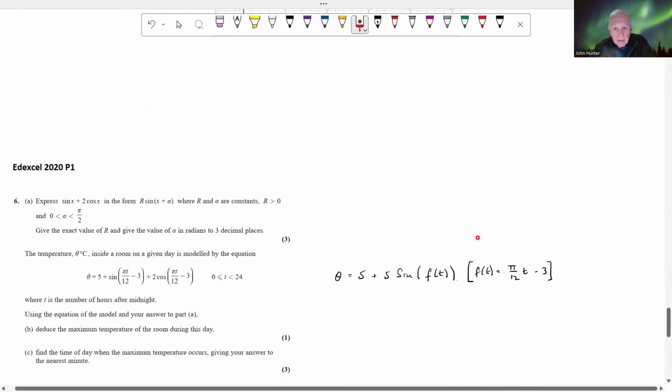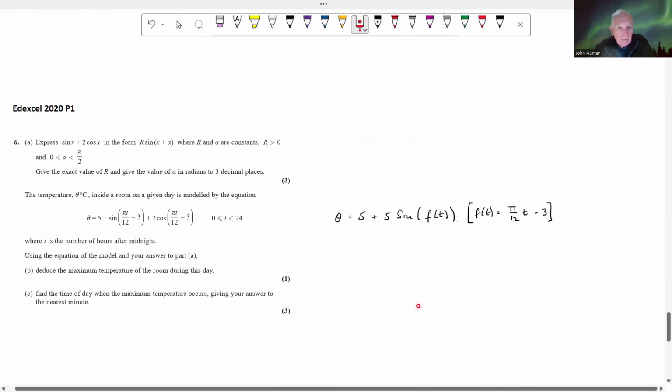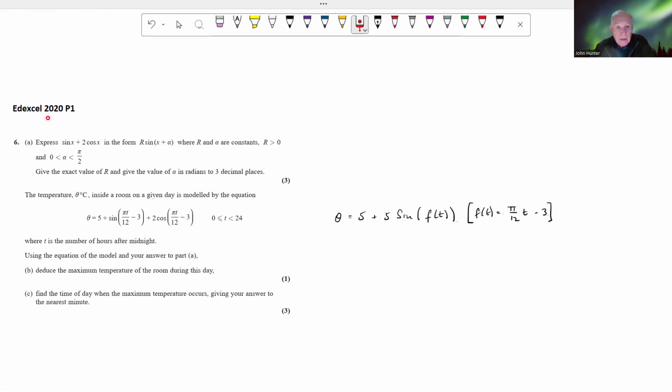Right, okay. So this is the original question from 2020 paper 1. You can see the numbers have been changed, haven't we? We've got different coefficients for sine and cosine, which would give us r of root 5.